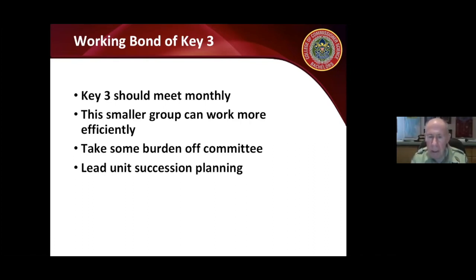At any point, when that person leaves that position, do we have someone in the wings ready, prepared, trained to move on and take the unit leader's place? So a unit succession plan is always needed.